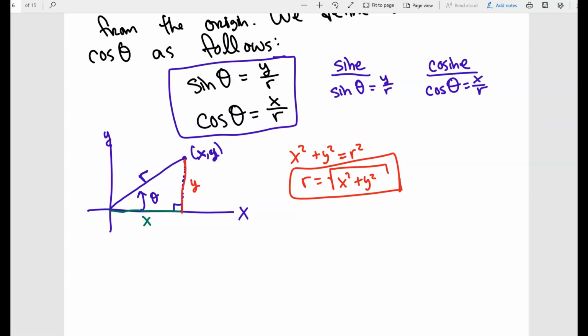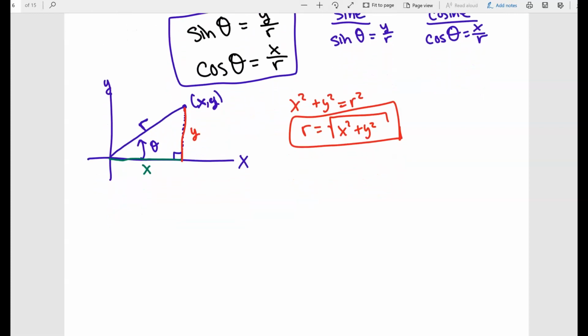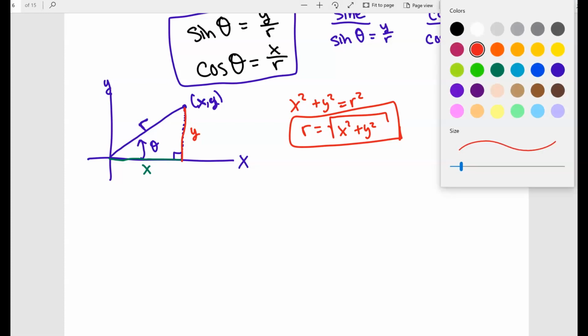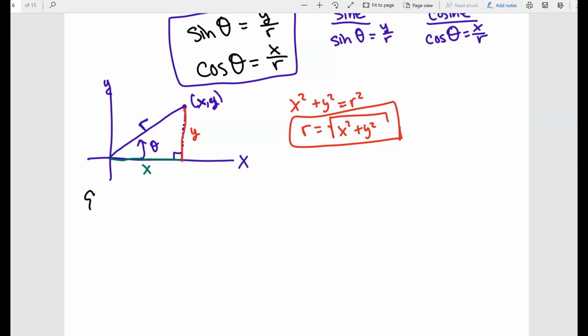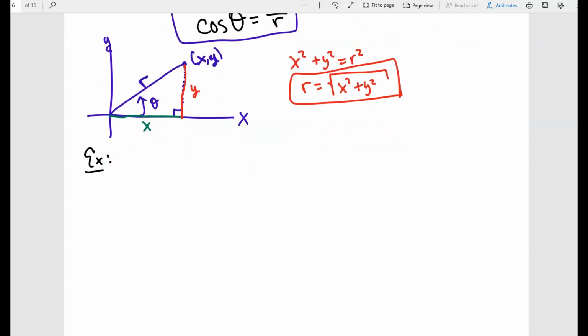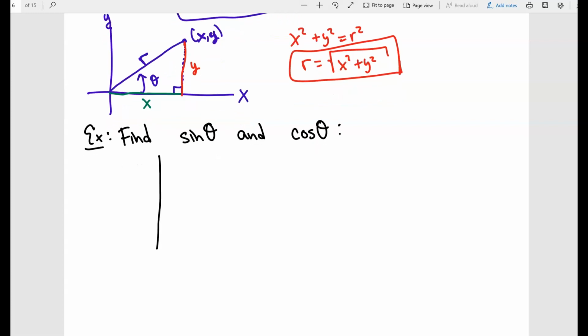Okay, so let's first start off with doing an example. Let me choose this color. Okay, so find sine of theta and cosine of theta. Okay, and here is my question.